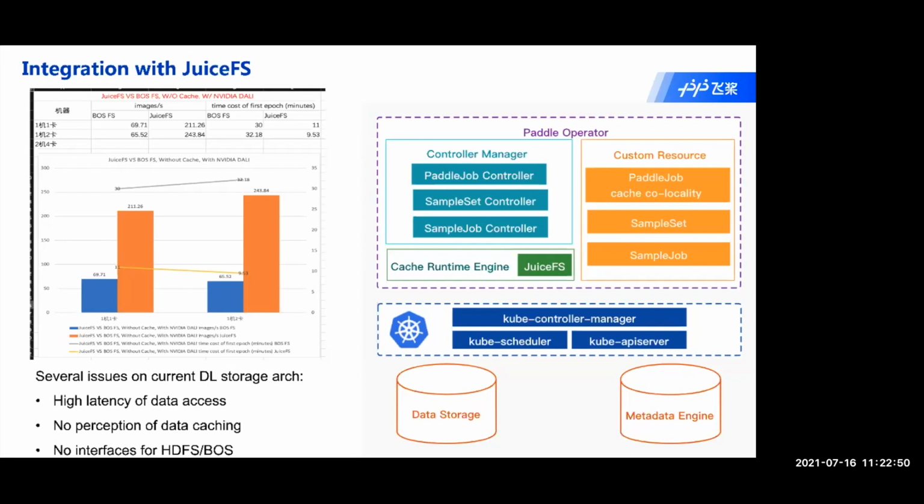And we added a sample cache component to the Paddle operator, making full use of the memory and local disks in the cluster to cache sample data, and scheduling Paddle jobs to train on the node with the sample cache. We can greatly accelerate the sample reading speed, thereby shortening the time of the entire training task in this scenario.